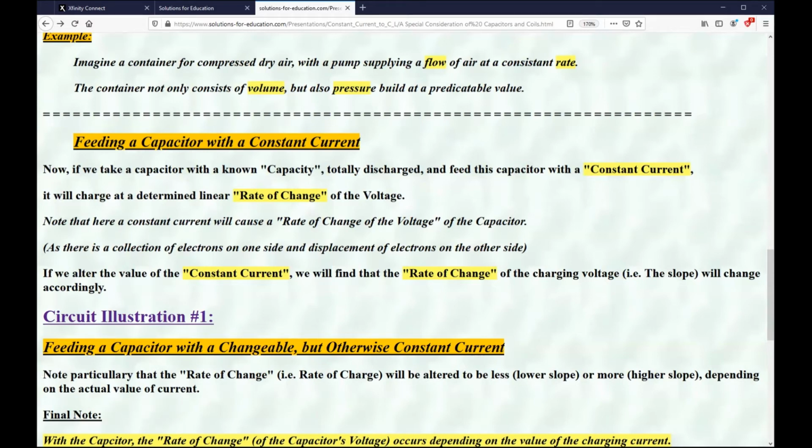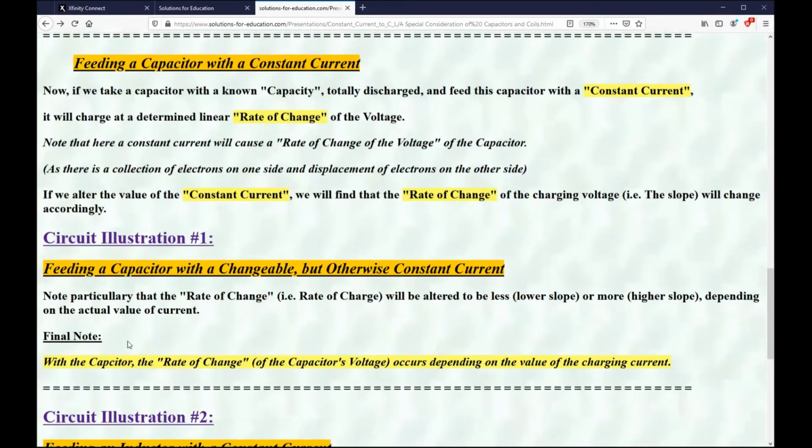Normally we think of voltage. We apply a voltage and watch what happens. Well, here we have a special situation where we have a current source that is controllable. I'm leaving out some of the details of all that, but nonetheless. All right, final note. With the capacitor, the rate of change of capacitor voltage depends on the value of the charging current. So our emphasis is on current supply.